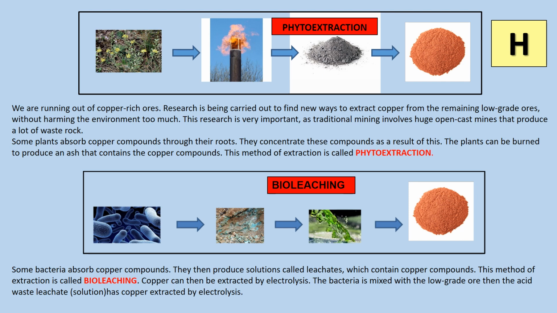Bioleaching, bacteria absorb copper compounds. They can then produce leachates, which are acid leachates. This is called bioleaching, and then you can extract the copper from them by electrolysis. The bacteria is mixed with the low-grade ore. Low-grade ore just means it's got a low metal content. Then the acid waste, the leachate solution, has copper extracted by electrolysis.